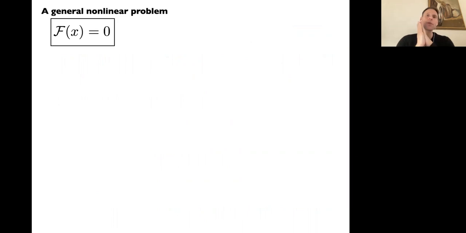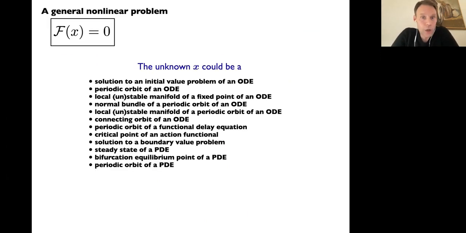So now I'm completely outside Navier-Stokes. I'm considering a general nonlinear problem of the form f(x) = 0. It's posed in a Banach space, okay? And the unknown could be many different things. Here's a list. Of course, I am interested in dynamical systems, so I'm interested in these so-called bounded solutions: periodic motions, connecting orbits, critical points, steady states, bifurcation points.